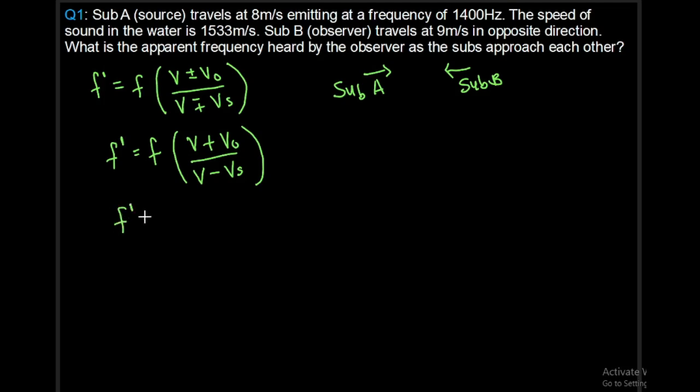So we have apparent frequency equals actual frequency, which is 1400 hertz. So we have 1400 multiplied by the velocity of sound. It was given to us in the question. They said the speed of sound in water is this.